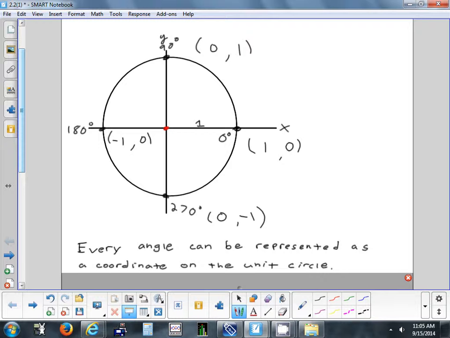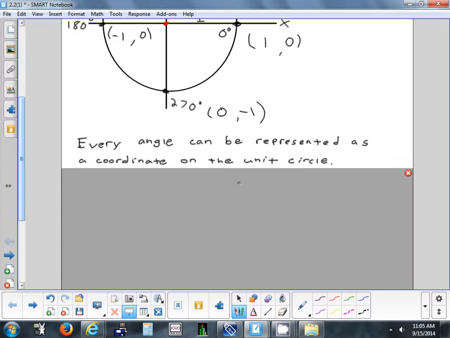Generally, if the angle is a multiple of 30, so 30, 60, 90, 120, 150, and so on, or if it's a multiple of 45, 45, 90, 135, 180, 225, and there's some overlap as well. But if an angle is a multiple of 30 or 45, we can use this circle to do what we're doing right now. If it's not, that's when we're going to use a calculator.